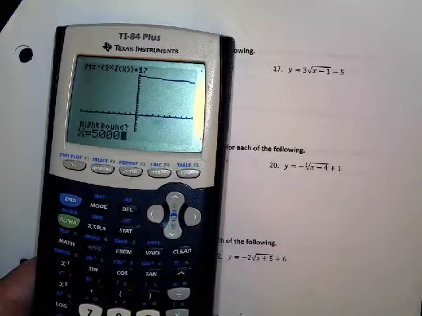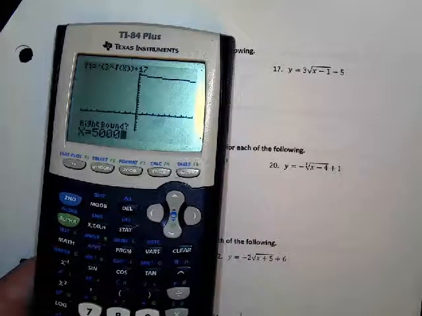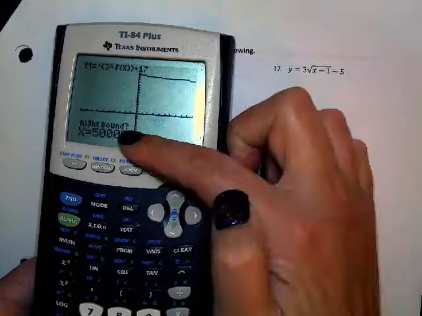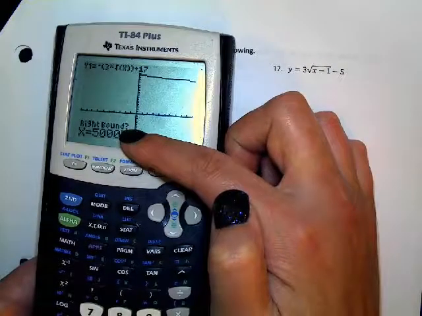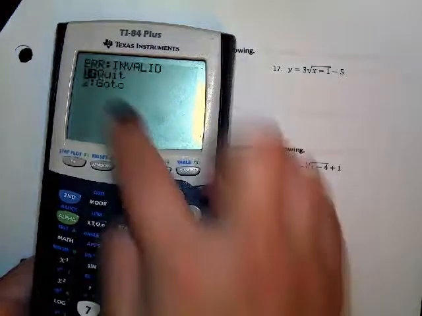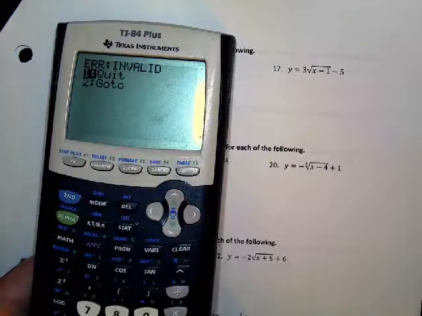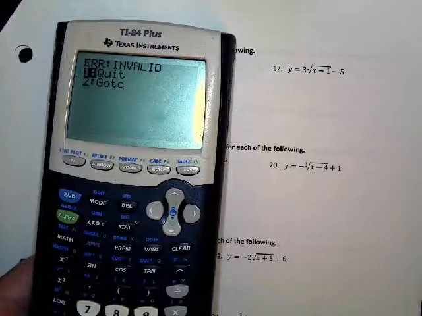So if your window does not have that x min and that x max, it will not let you plug those numbers in. I just tried to do 0 to 5,000, but my window was negative 10 to 10. My calculator will only let me plug in numbers that are on that window, for x.